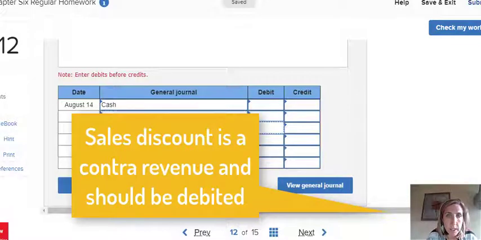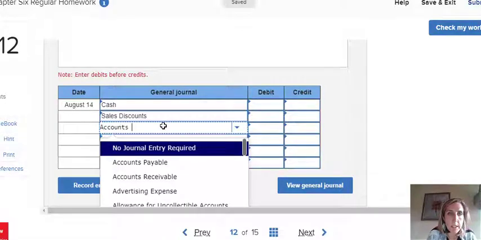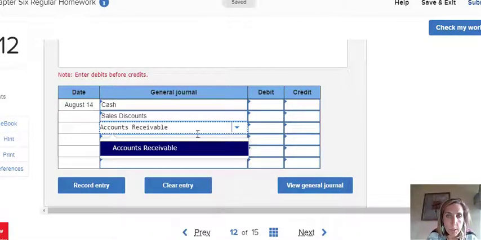But I am not going to receive full payment on that because there is a discount. So what I'm going to have here is that I need to clear off the accounts receivable. It needs to zero out.